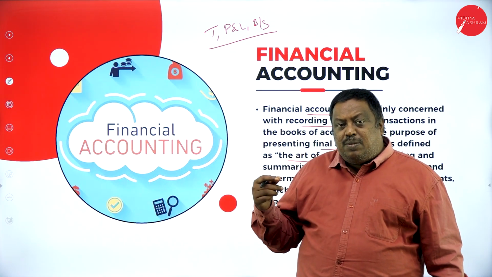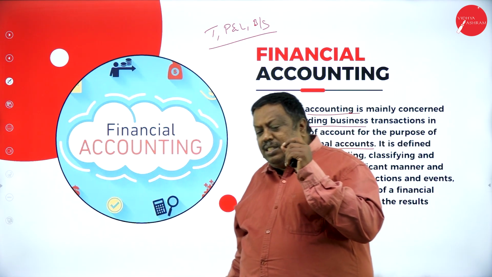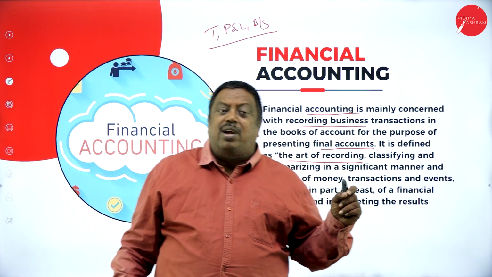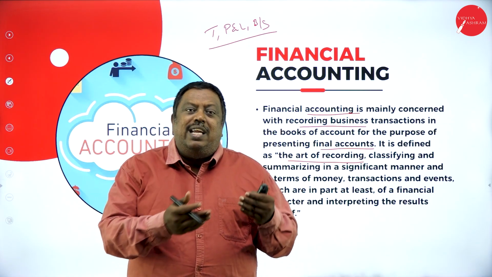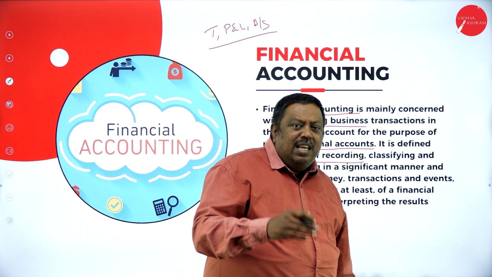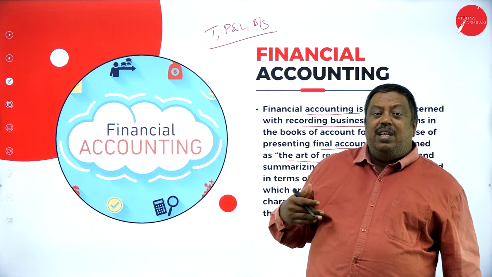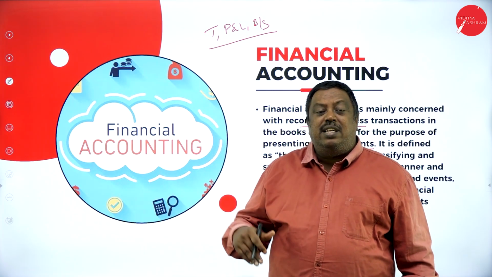Whenever the event takes place, the recording should be done in a perfect manner. After seeing that information recorded in the books of account, the person should come to know what it actually is, whether it is a purchase or sales or payment or receiving, or we are investing or anybody invested into our business.